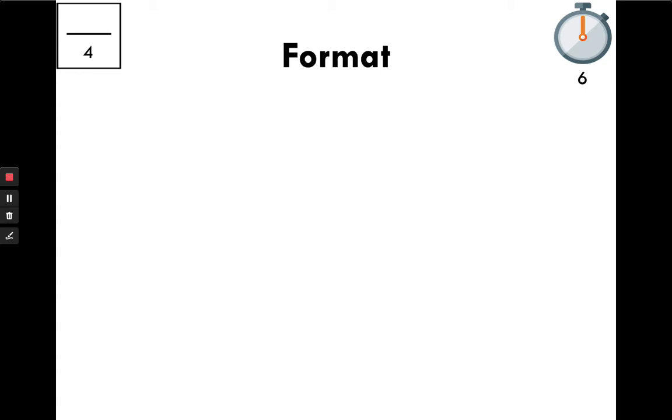So going back to the format, I touched on the fact that it is 4 marks, which should therefore be 6 minutes. The reason why this is so important to understand is that this is only 9% of the paper.